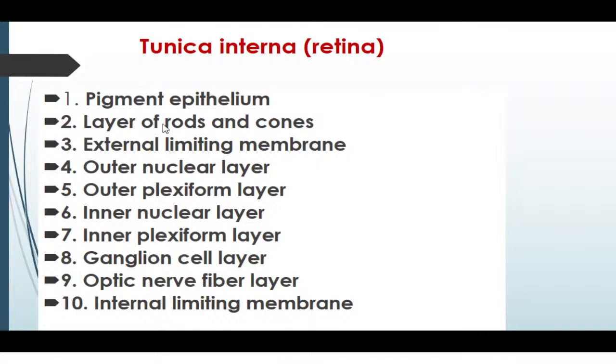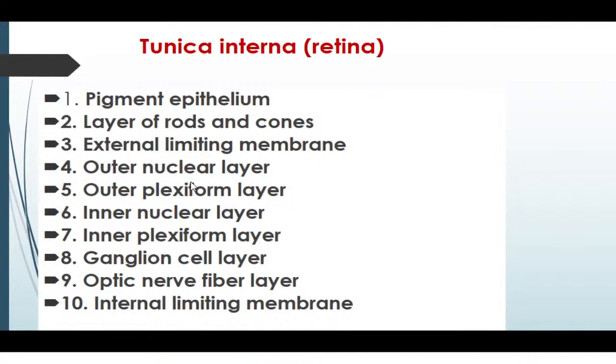Second, layer of rods and cones. Third, external limiting membrane, which is a product of processes of Müller cells. Müller cells are modified glial cells.